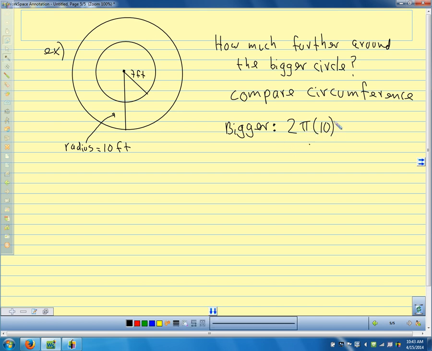So pi is going to stay in our answer. So 2 times 10, I can multiply all the numbers together, but I leave pi alone, and I get 20 pi feet. That would be my exact answer, or my answer in terms of pi. So kind of like simple radical.